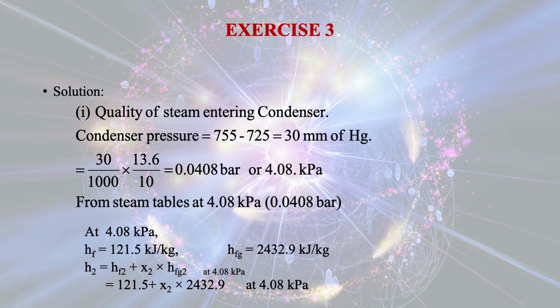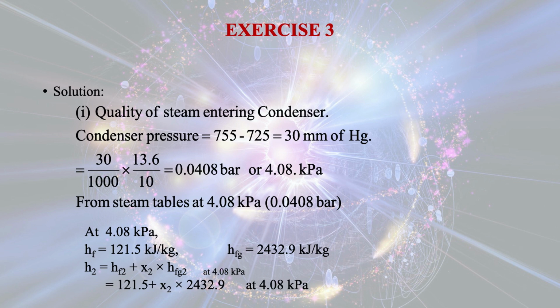From the steam table at 4.08 kilopascal or 0.0408 bar, the enthalpy at the liquid line is given as 121.5 kilojoule per kg. You can get the value for HFG from the steam table at 4.08 kilopascal, and this is equal to 2432.9 kilojoule per kg.